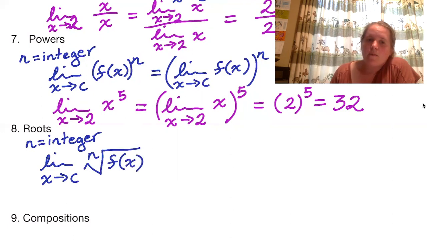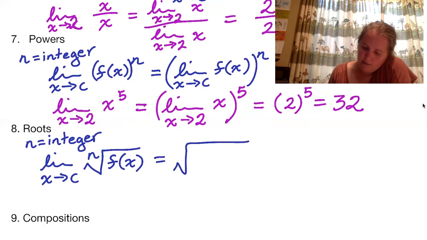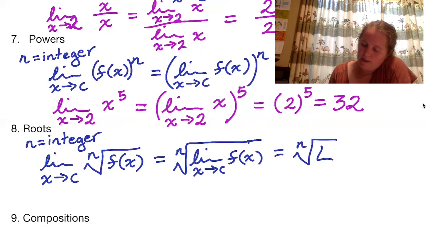And here c has to be within the domain. So remember, if we are taking even roots, this thing inside has to be non-negative. So c has to be within the area that f is defined. Then this is the same thing as taking the nth root of the limit of f of x, or taking the nth root of L.